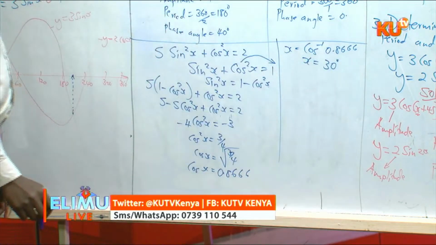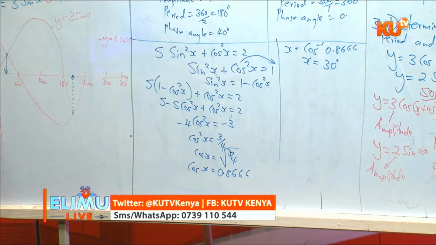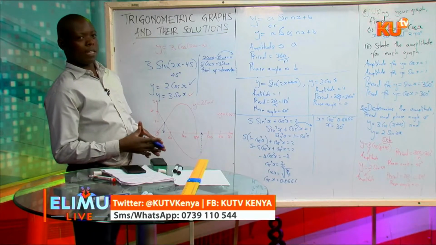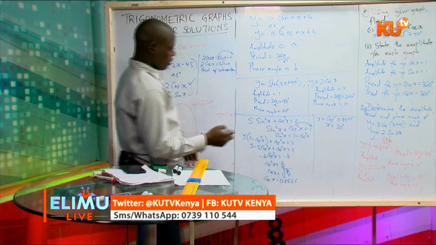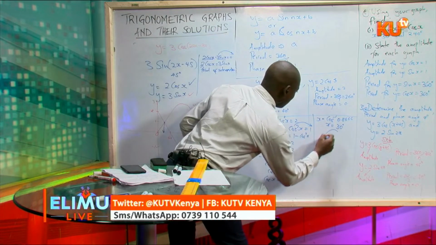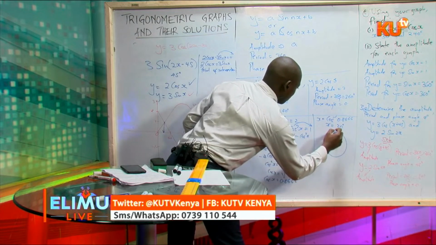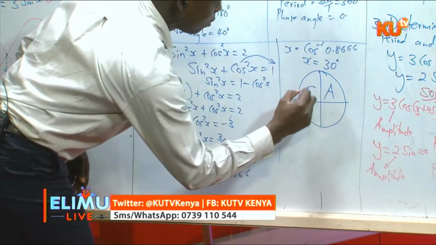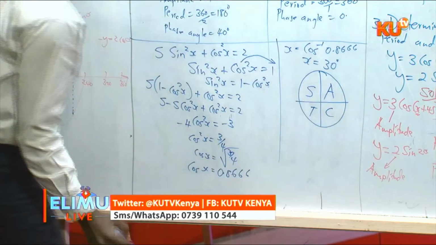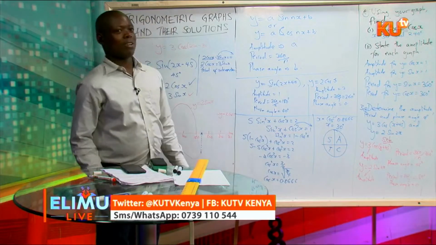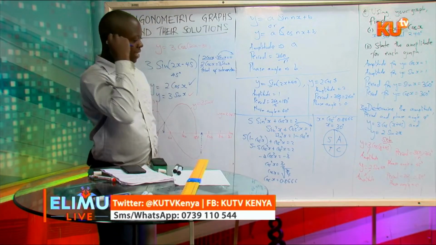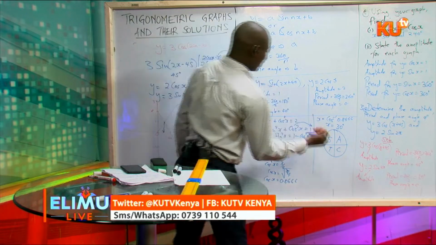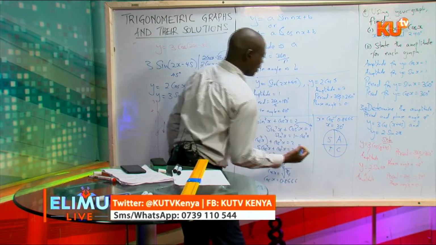But remember, from the question given by Emmanuel, we are supposed to give the values of x between 0 and 360. And so I know students are familiar with this cycle, and they usually use the abbreviation all students take coffee.